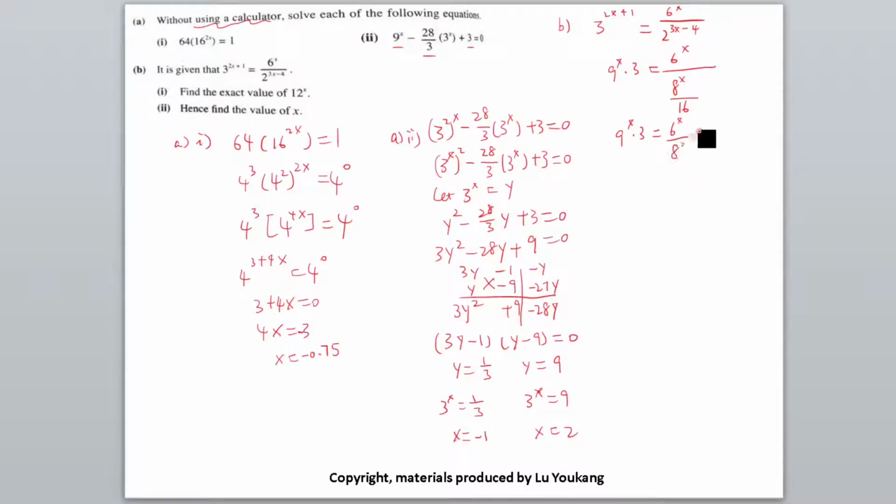Now let me rearrange the equation. Let me park everything with power x on one side, and everything with non-power x on the other side.